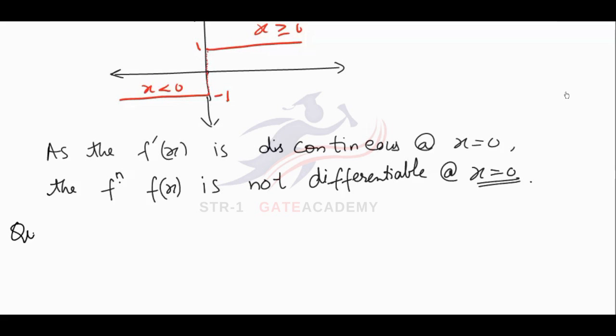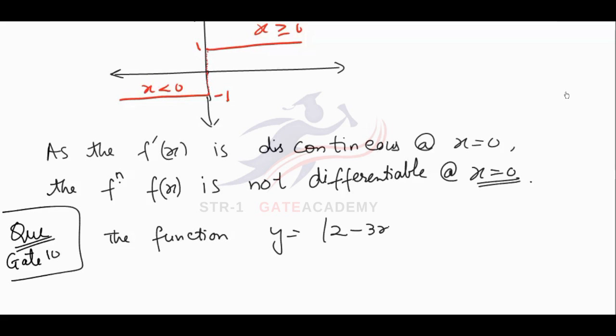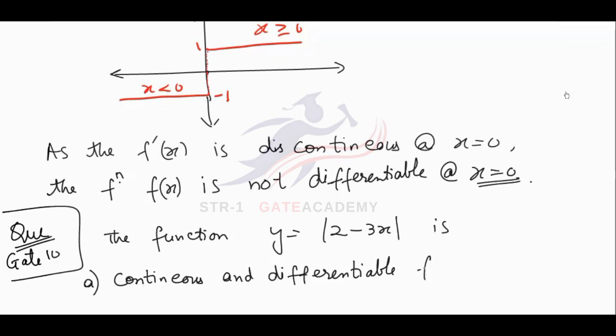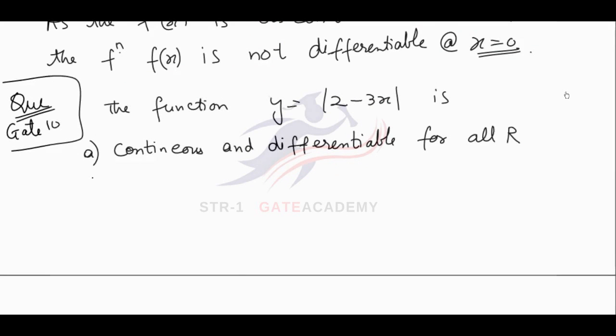Let us take a problem from the GATE paper. The question came in GATE 2010. The question was, the function y equals modulus of 2 minus 3x is: option one, continuous and differentiable for all r, where r represents the set of real numbers.